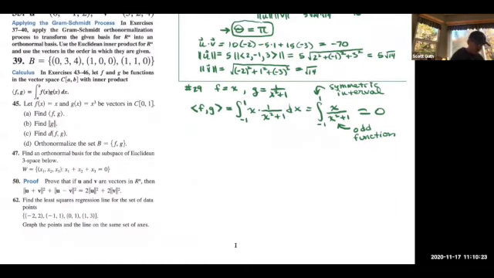So you don't have to do any more than make it clear to me that you've checked that. Now, since we got 0, this tells us that F and G are orthogonal. And when I say they are orthogonal, I mean they are orthogonal on the interval from -1 to 1. They may not be orthogonal on other intervals.